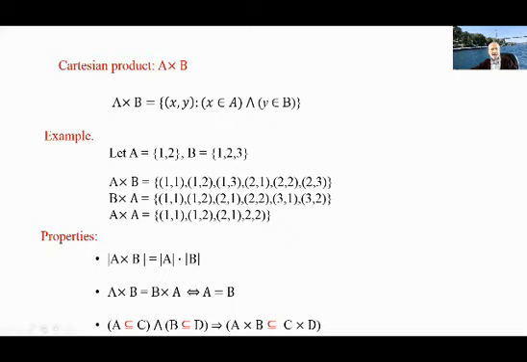And easily we can see if A is included in C and B is included in D, then A times B will be included in C times D.